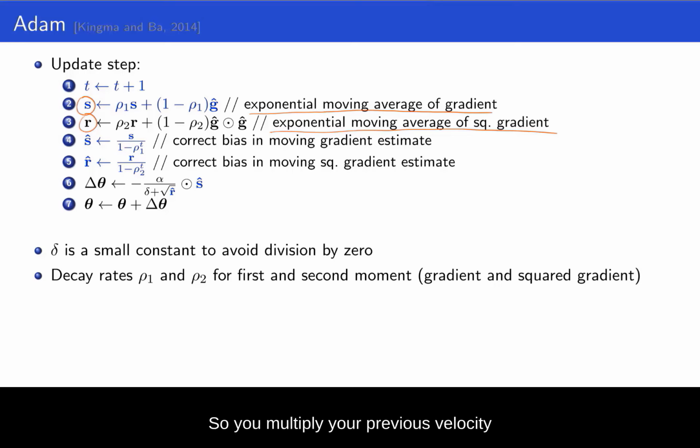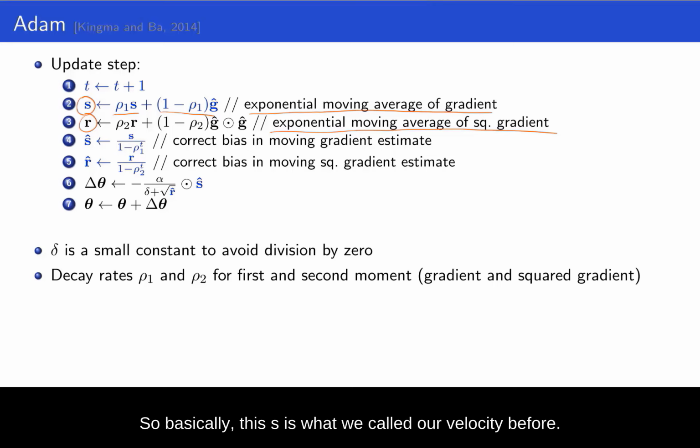So you multiply your previous velocity by a hyperparameter smaller than 1, and you add to that your current gradient times, well, 1 minus that hyperparameter.